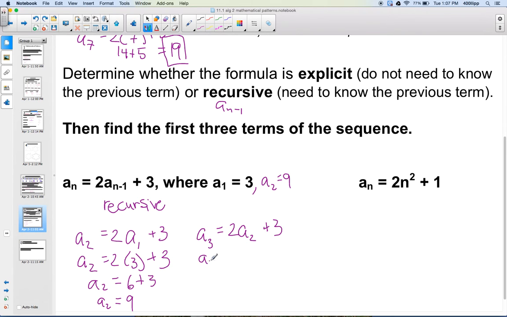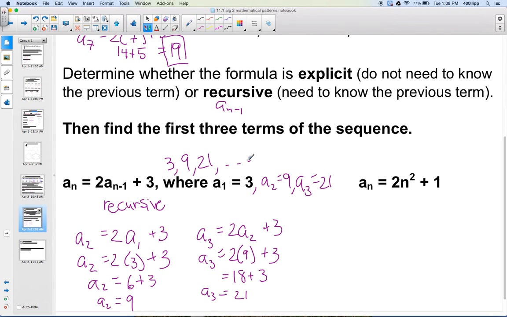So a sub 3 is equal to 2 times a sub 2, which we just found, is 9, and then plus 3. 2 times 9 is 18, plus 3 is 21. So that's your third term. a sub 3 is 21. To start this sequence, we would write 3, 9, 21, and so on.